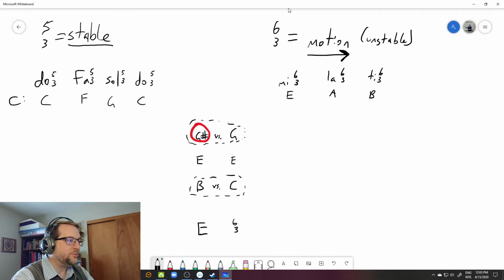Similarly, if I set up an A and compare my 6/3 chord in the key of C major, an A 6/3 chord, la 6/3, then again the overtones up a perfect fifth should have an E, it should have an A, and up the major third, it should have a C sharp.